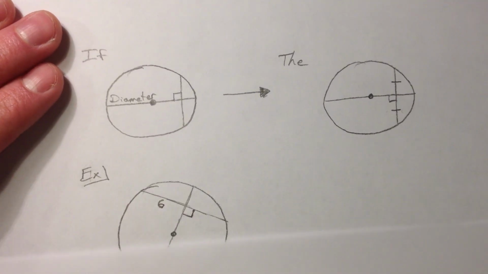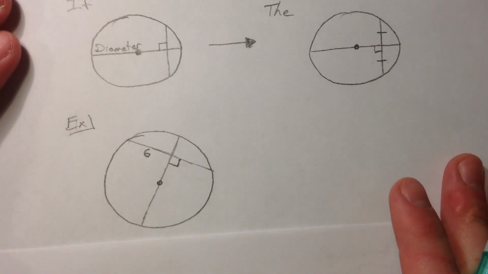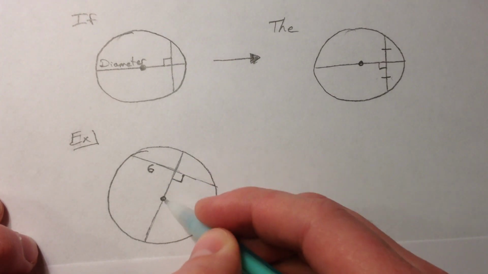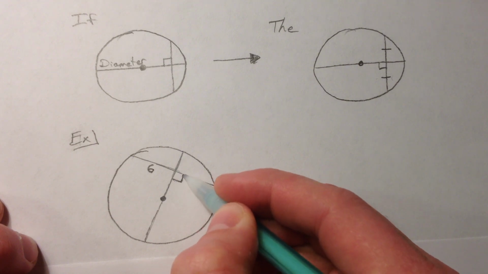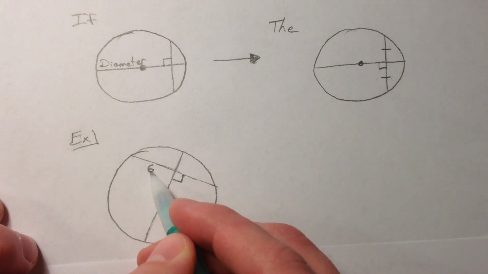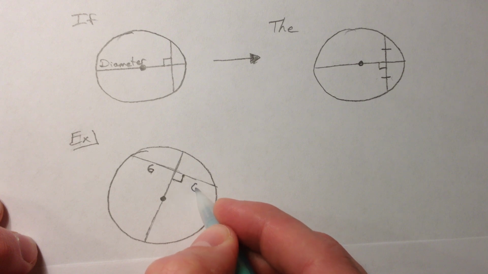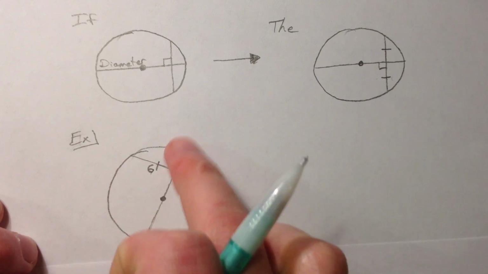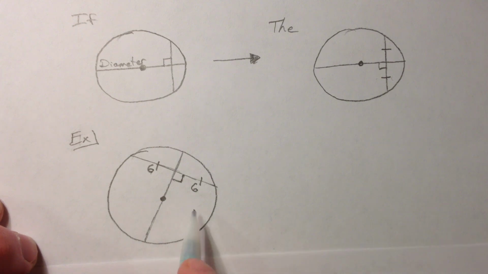So what this might look like is, it's kind of boring, but it's just to illustrate the point. If this is the diameter and it's going through the center here, if it's perpendicular to this chord, this 6 has to translate over here. It has to be bisected as well because it's perpendicular to the diameter. So that has to be 6.